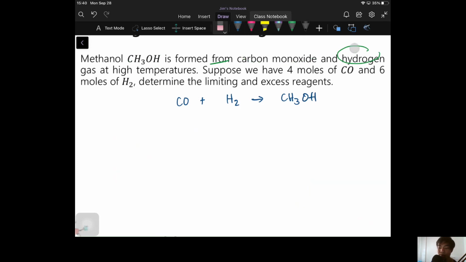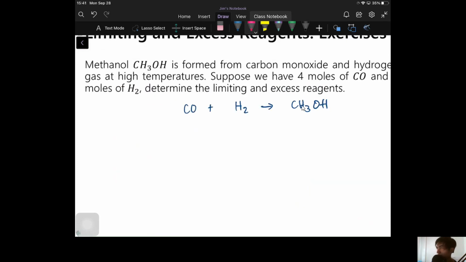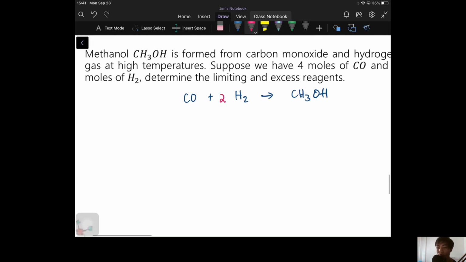Okay, so ganun lang. Then you balance it. So, we have one carbon here, one carbon there, one oxygen here, one oxygen there, two hydrogens here. We have 3 plus 1, 4 hydrogens. So, to balance that, I will just place a coefficient 2 sa harap ni H2.